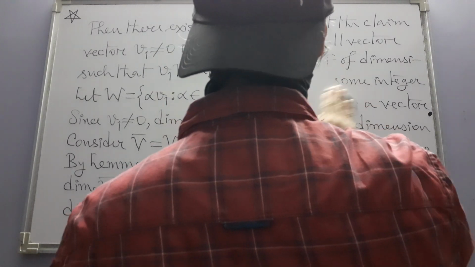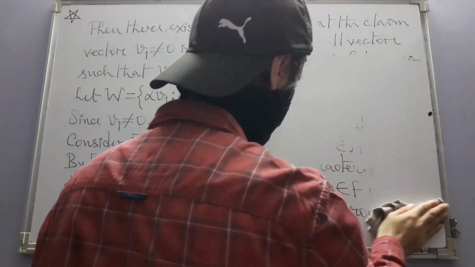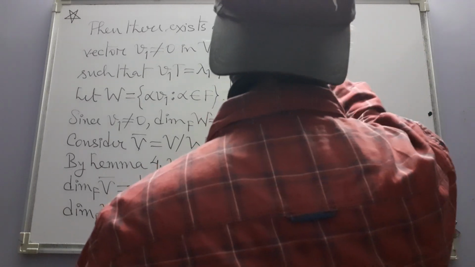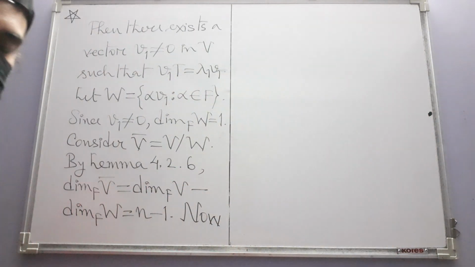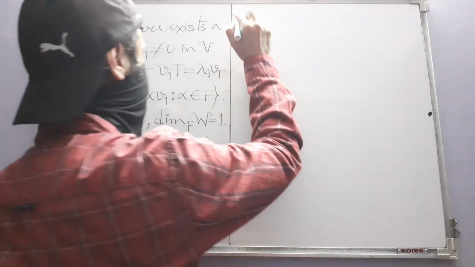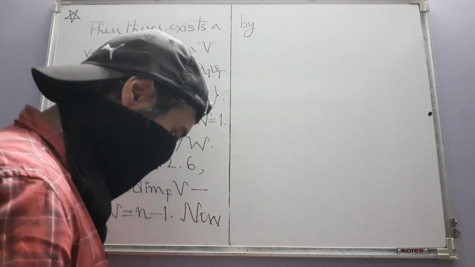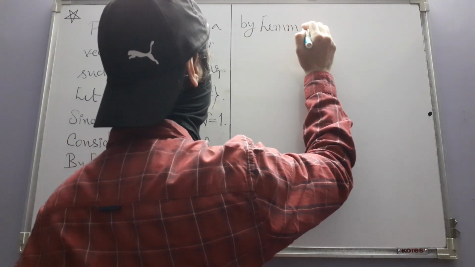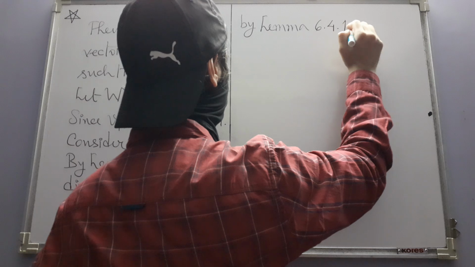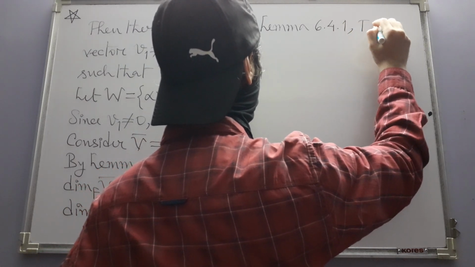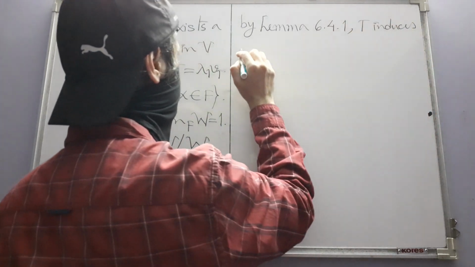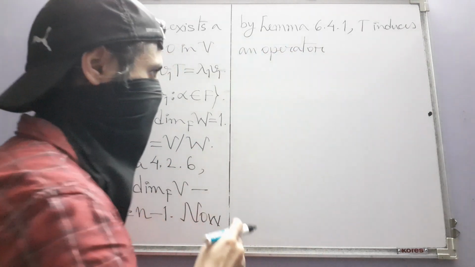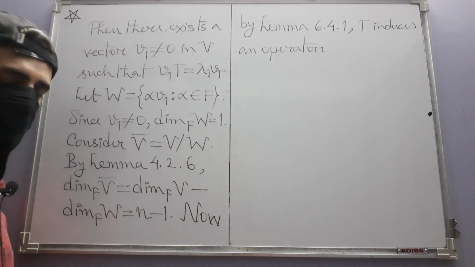It is that lemma whose proof involved that large calculation, where an operator T induces another operator T bar. By lemma 641, T induces an operator T bar on the quotient space V bar.